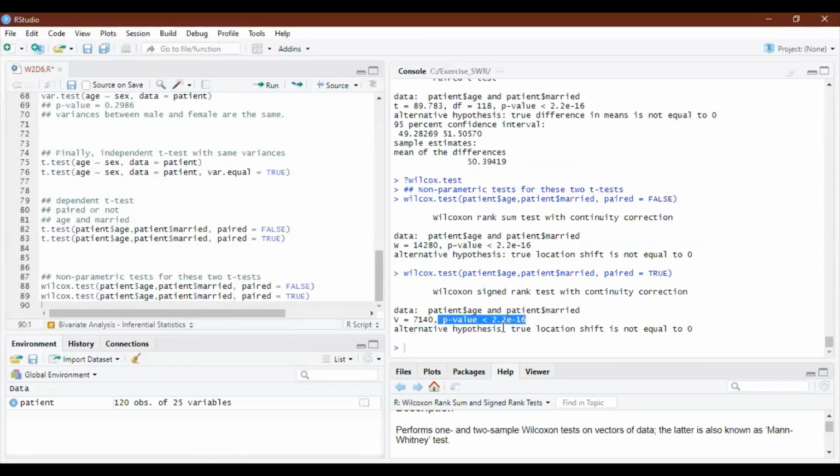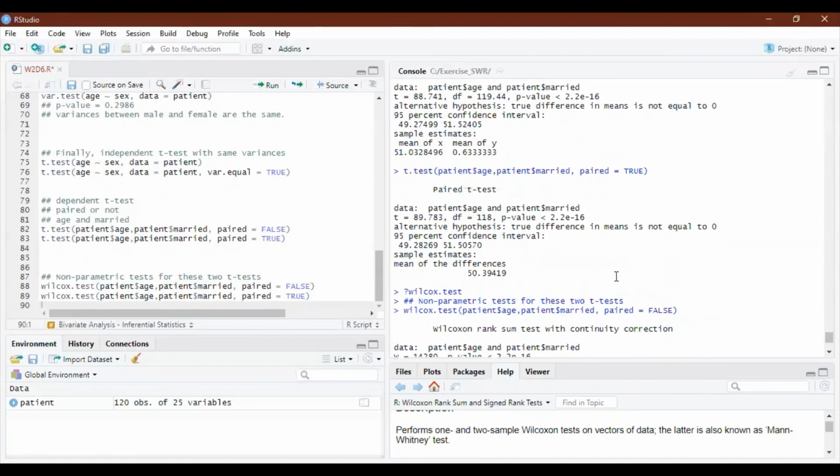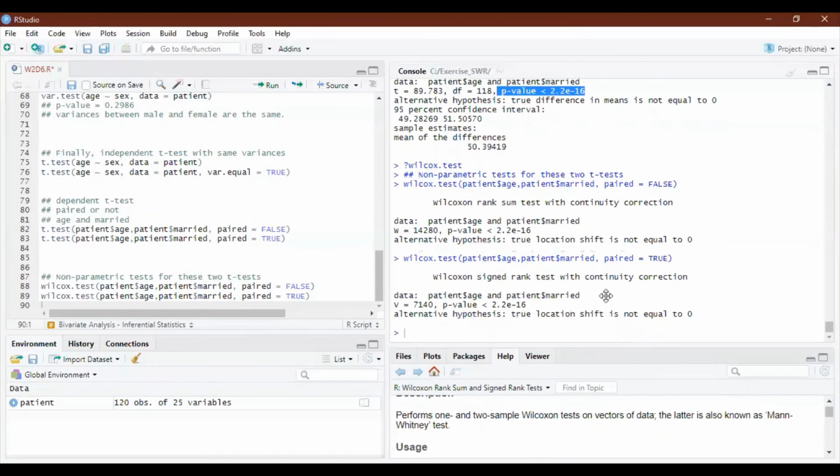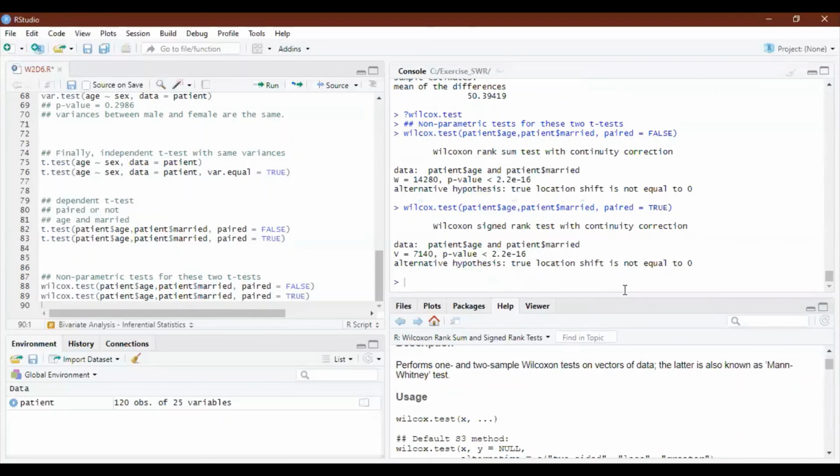Essentially it is saying that there are two groups, married and not married, and the mean age between the married and not married groups is quite different. The p-value is quite significant, so there is a real difference in the population.